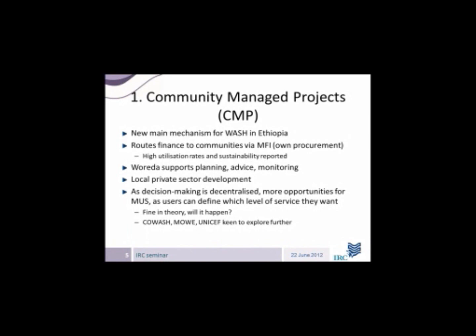Okay, then just to say a bit about where we are finding some other entry points, and perhaps entry points that have got even more potential to go to scale than what I just mentioned. I think several of you will have heard me talk about CMP at various times. It is a service delivery model, one of the four in Ethiopia.